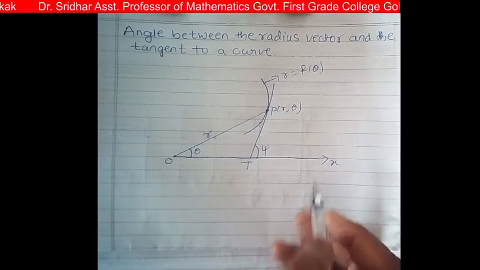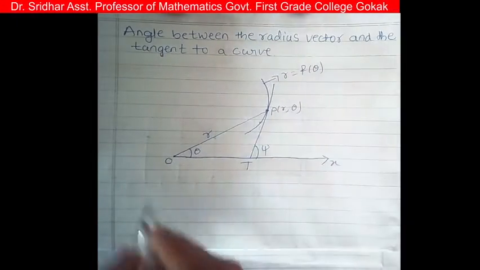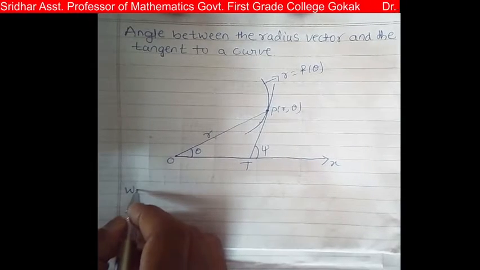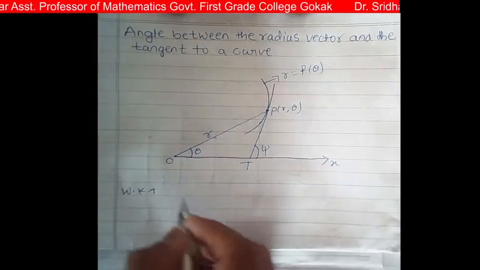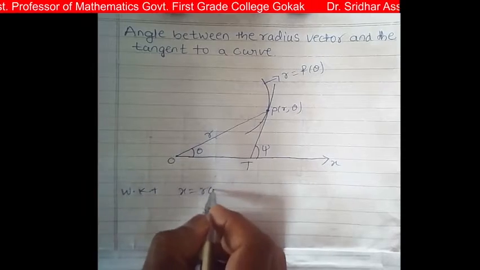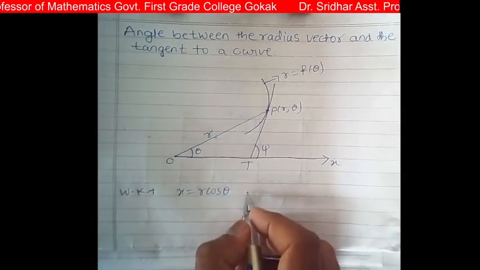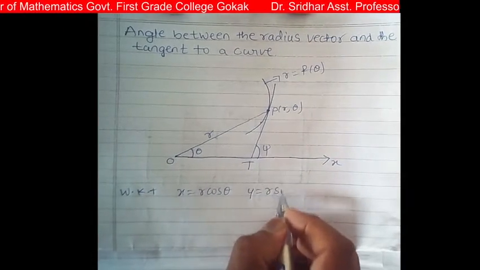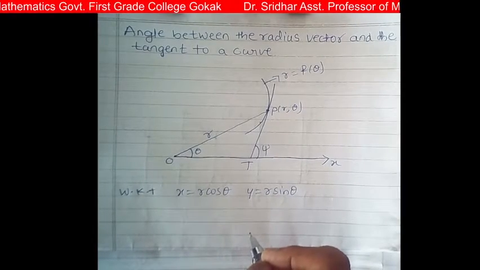Now we know that x is equal to r cos theta and y is equal to r sin theta.